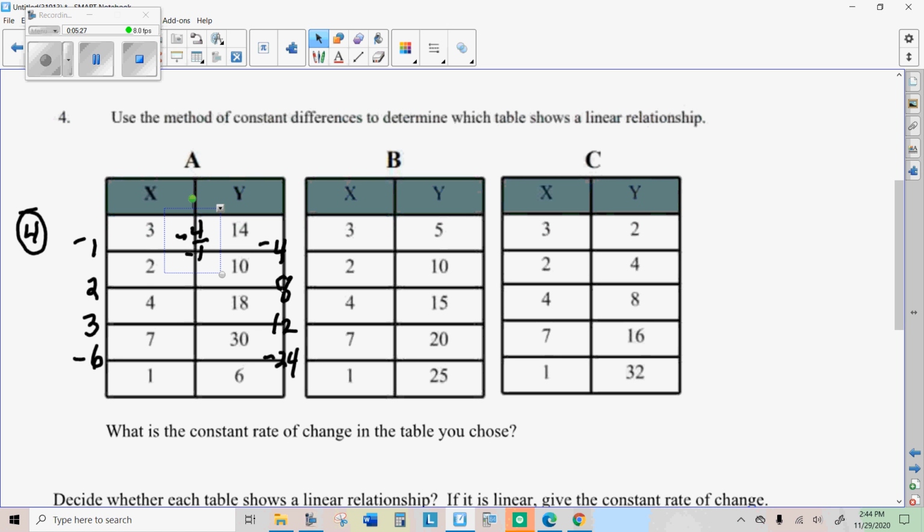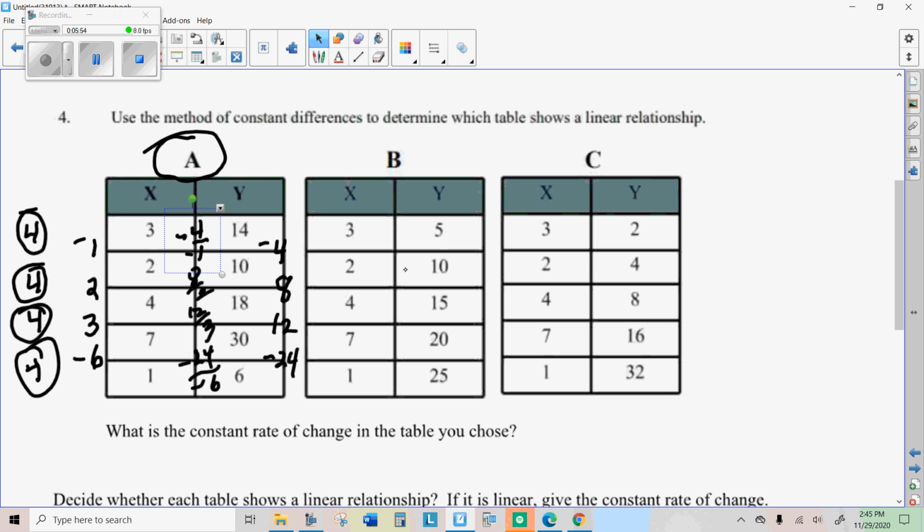On the second one I get 8 over 2, which is 4. So that one's also 4. So far it's looking linear. 12 over 3 is 4. And negative 24 divided by negative 6 is 4. So in each of these I get 4. That is a linear table.